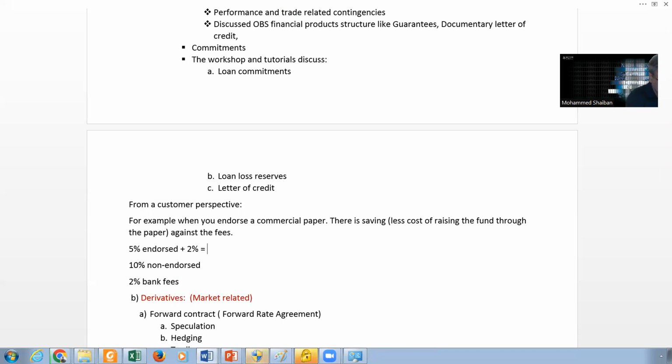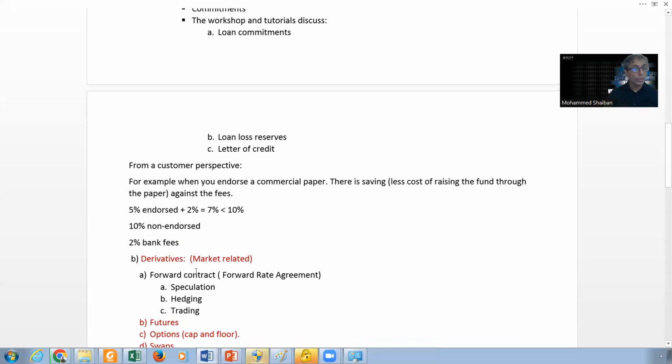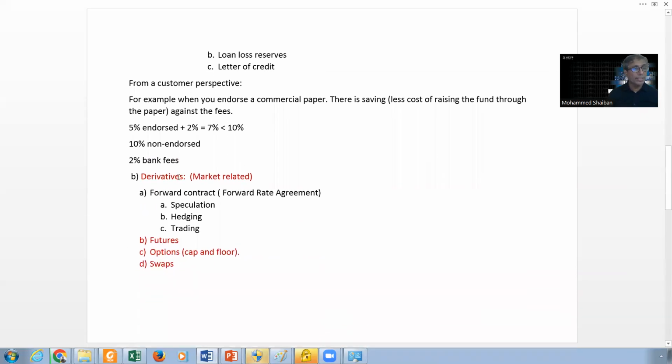If you don't endorse, your cost will be 10%. So it is better to endorse in this case, since 7% is less than the 10% if you do not endorse. So this is, I think, about it.